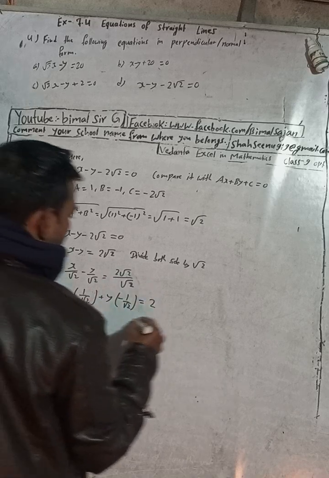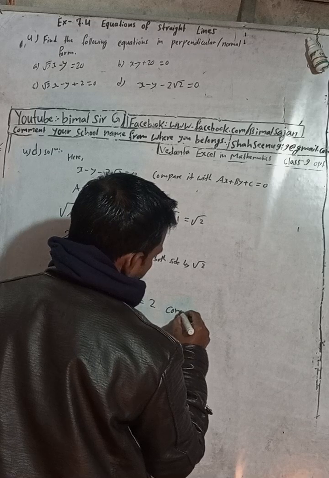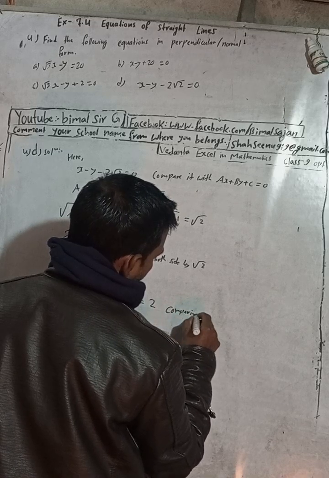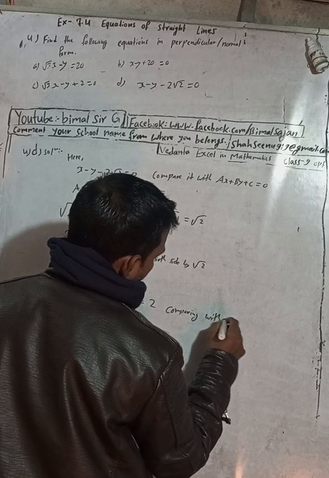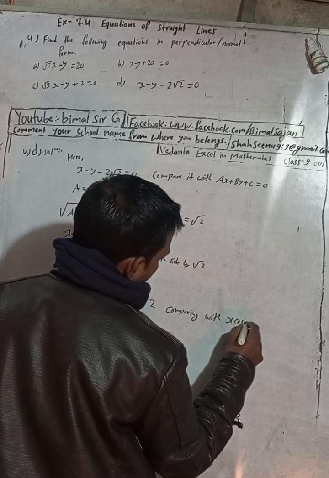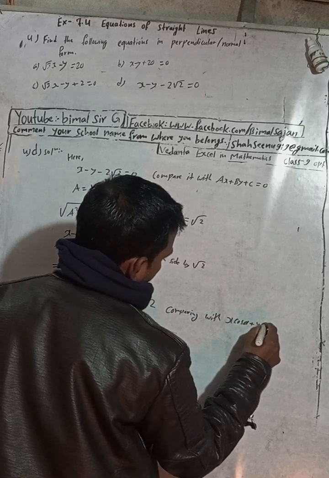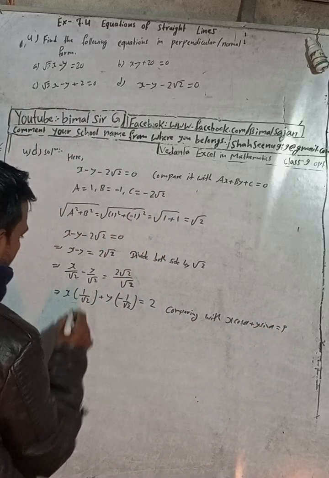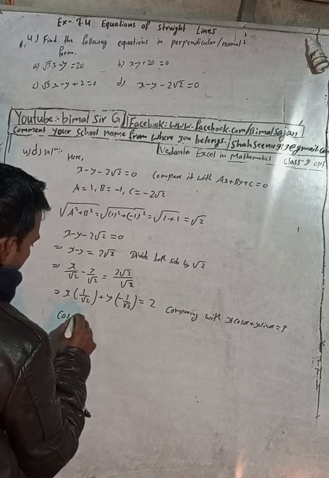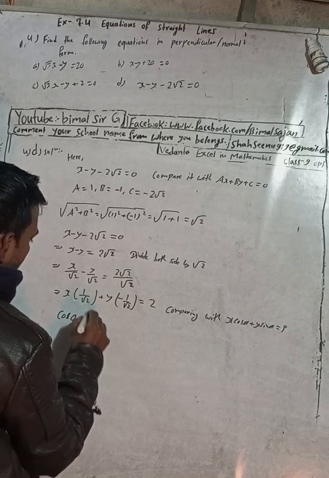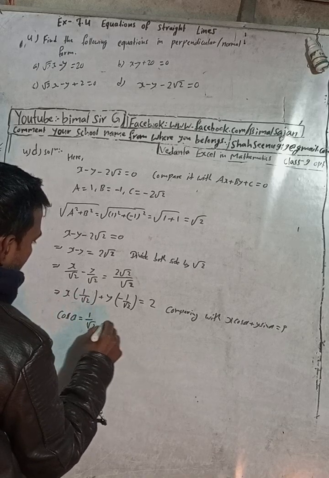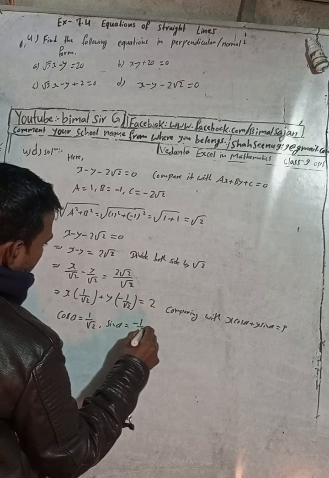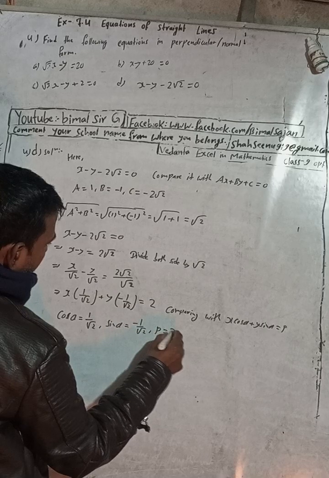Now compare this with x cos alpha plus y sin alpha is equal to p. So here cos alpha is equal to 1 by root 2, and sin alpha is equal to minus 1 by root 2, and p is equal to 2.